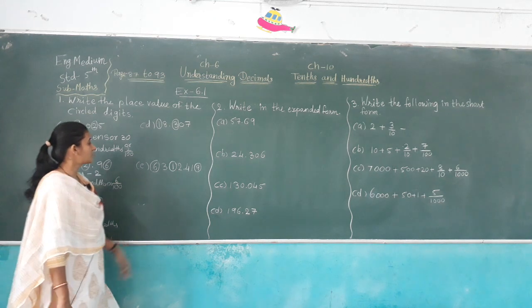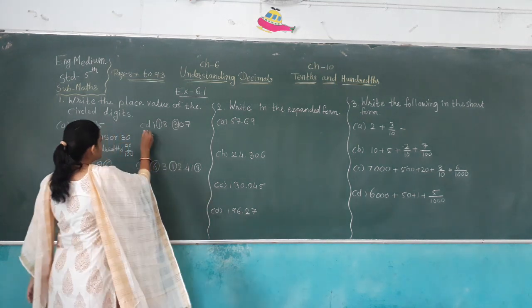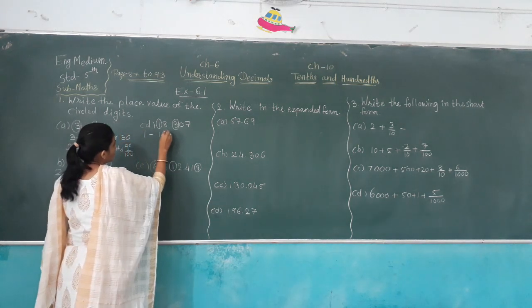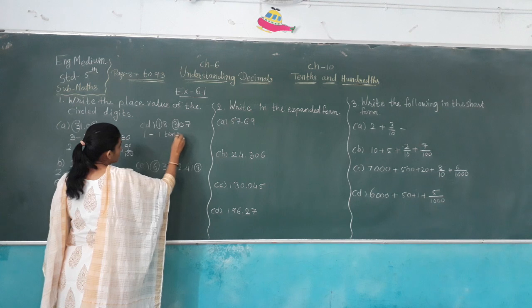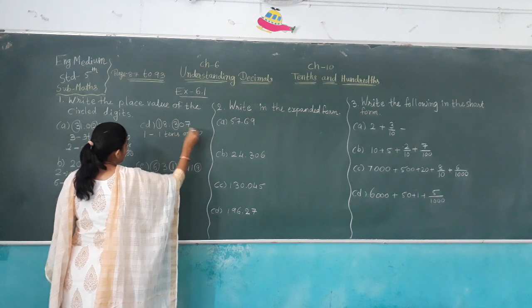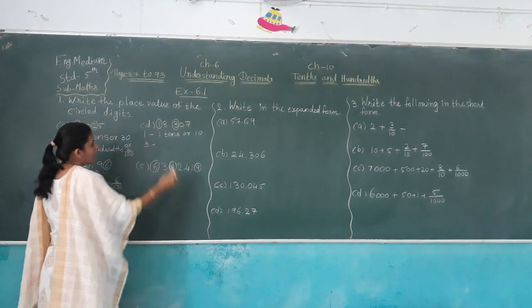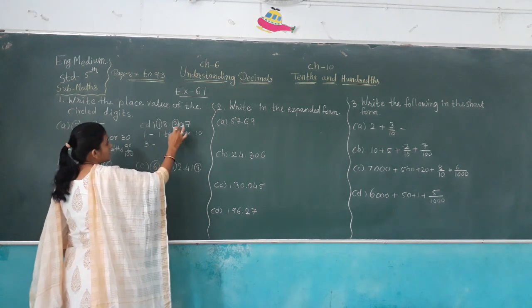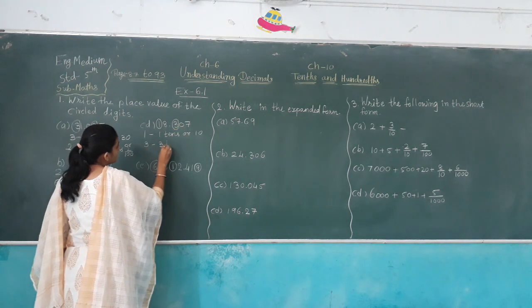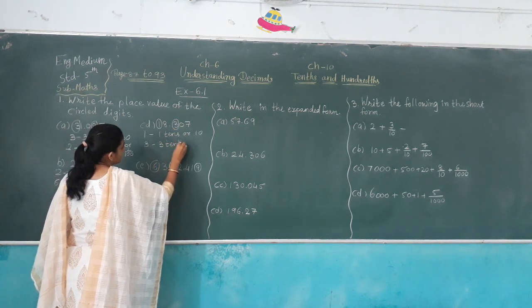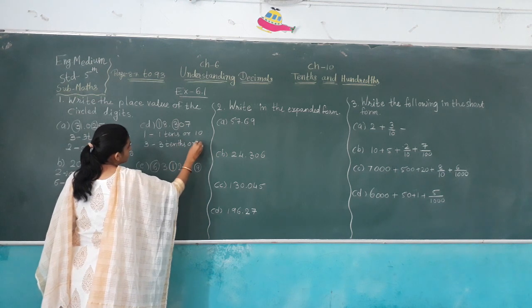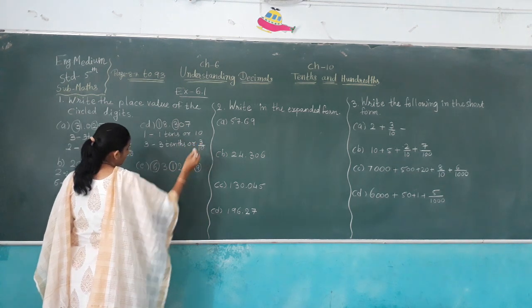Now next one: 1 stands on the tens place, so 1 ten, or 10, and 3 stands on the tenths place, so 3 tenths, or 3 out of 10.